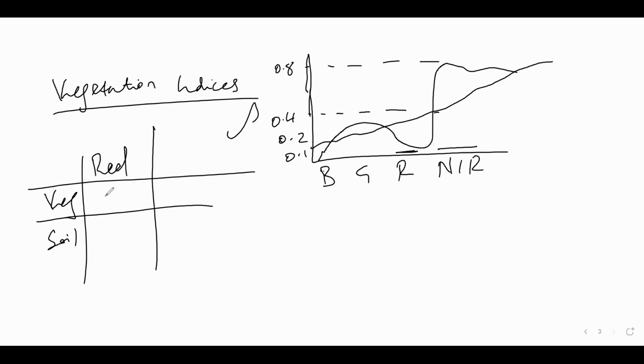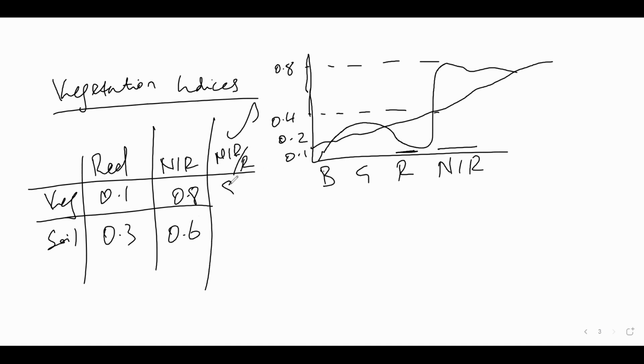Vegetation is say 0.1, whereas soil is maybe 0.3. In the near infrared, we have 0.8 for vegetation, and maybe 0.6 for soil. We get the ratio of near infrared to red. For vegetation we have 8, and for soil we have 2.